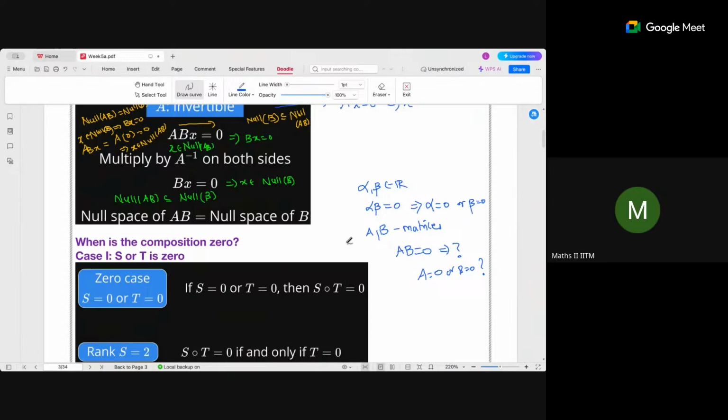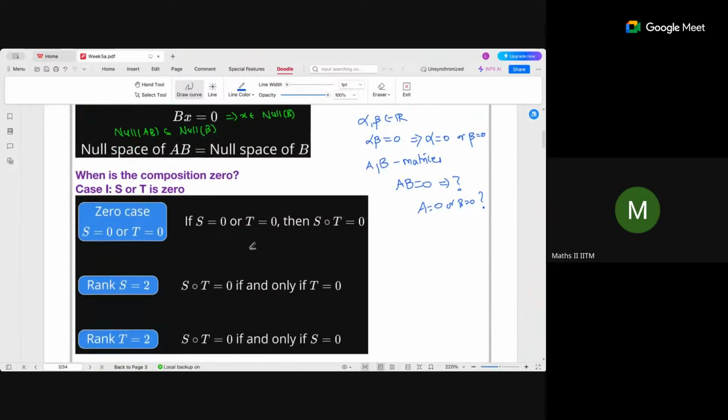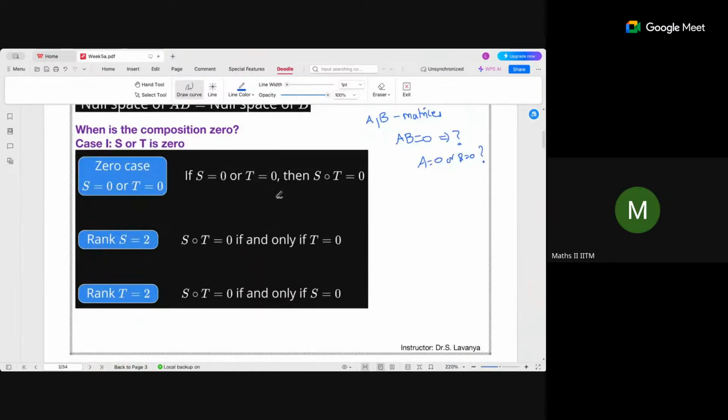So then when will the composition be 0? The first obvious case is when both of them are 0, then the composition is also 0. Or if rank of S is equal to 2, then S composition T can be 0 only if T equal to 0.